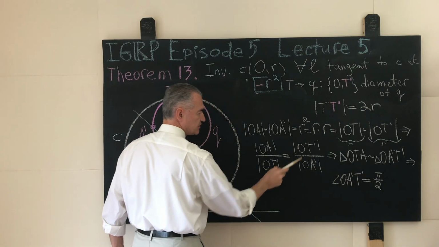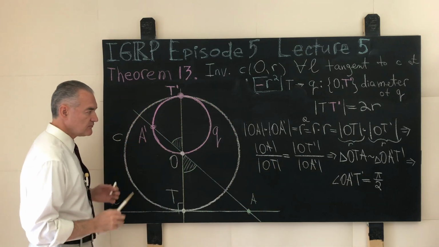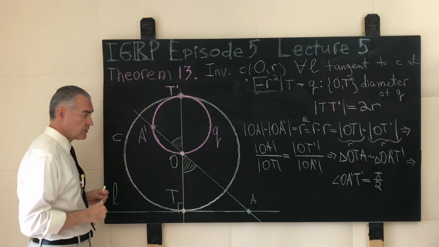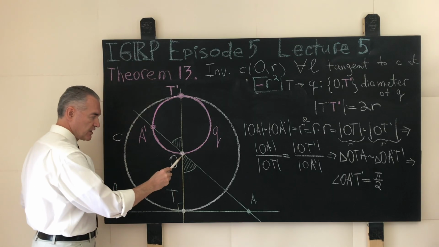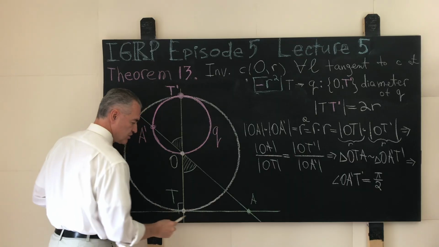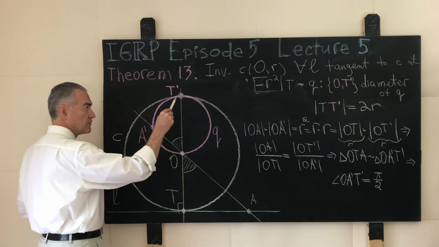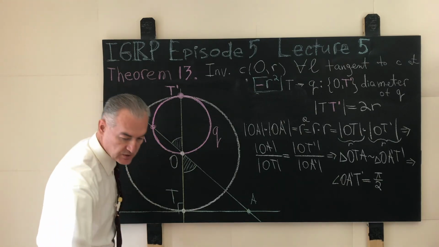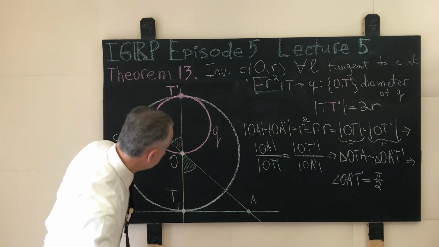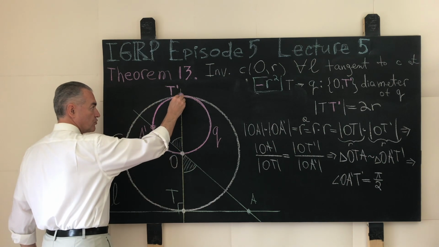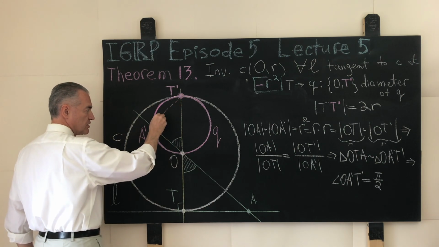So we have a nice proportion that says something interesting about 2 triangles. The triangle OTA, which is right by construction, and some mysterious triangle OA prime T prime. We have the right to construct that triangle all day long. There is nothing mysterious or illegal going on about this construction. We can do it.